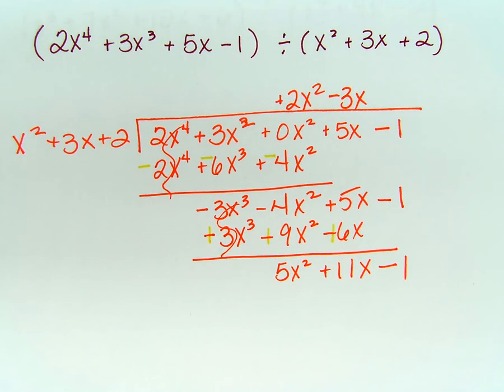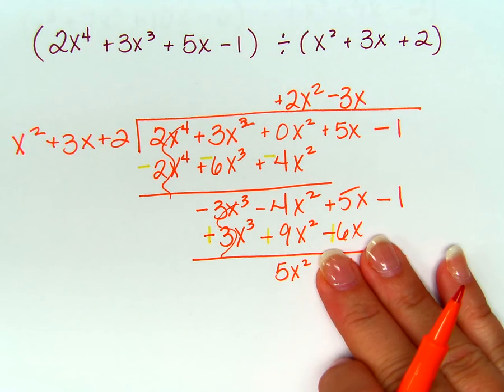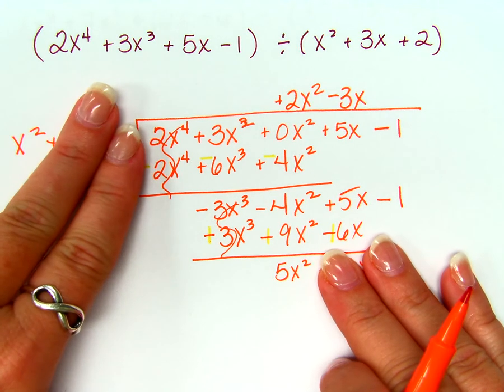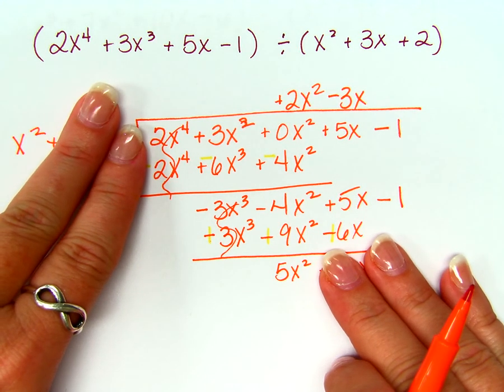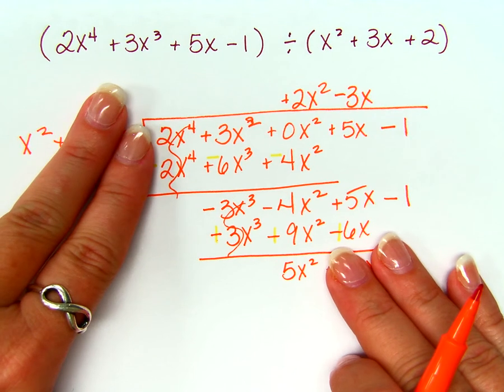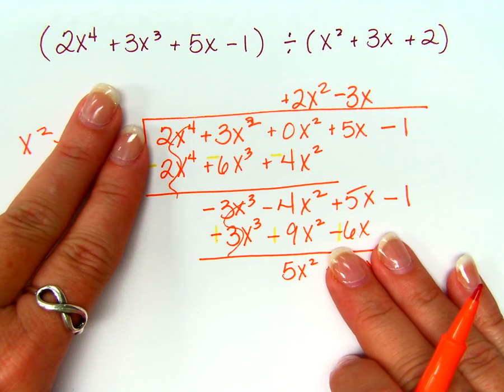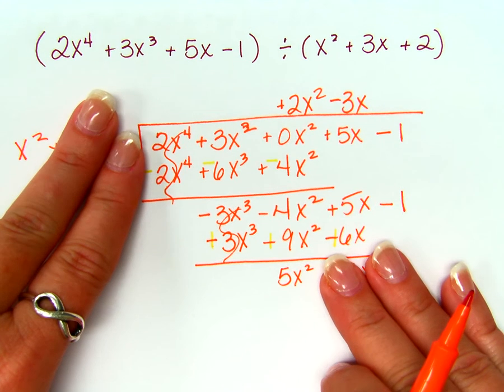And now, start all over. First term on the inside divided by the first term on the outside. What is 5x squared divided by x squared? It would be 5, right? Where does the 5 go?